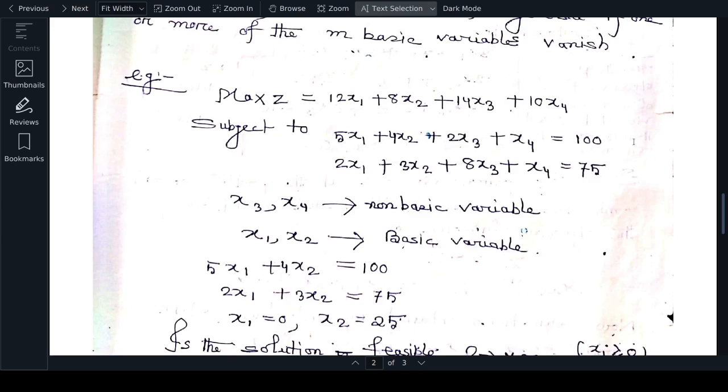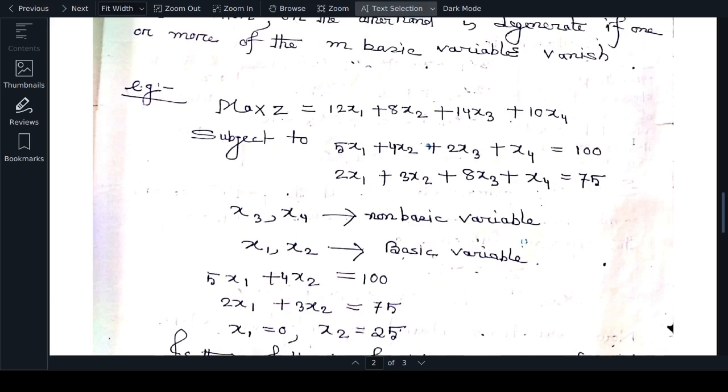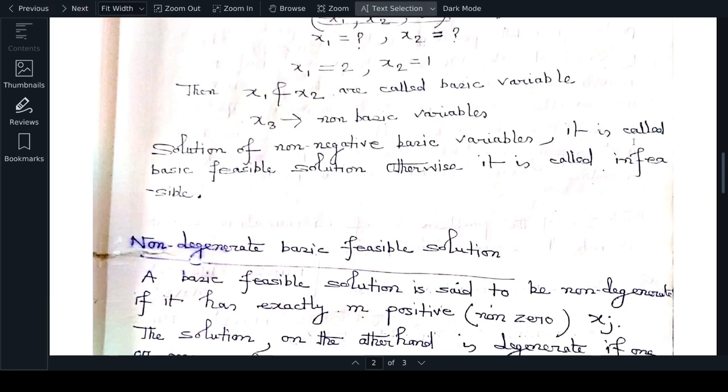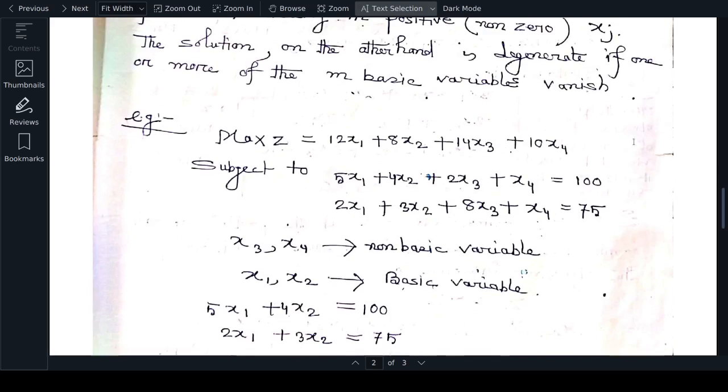Okay. So how will you get a basic variable? From this, how will you get a basic variable?